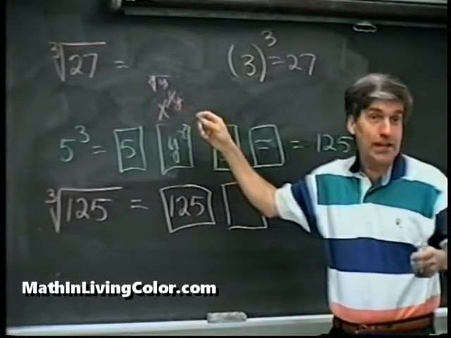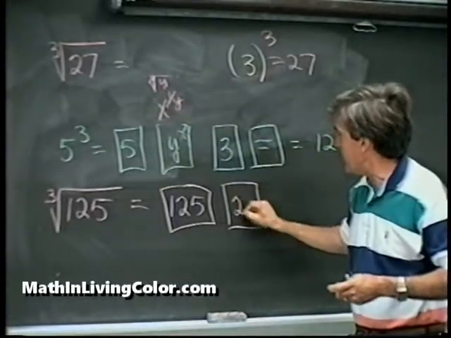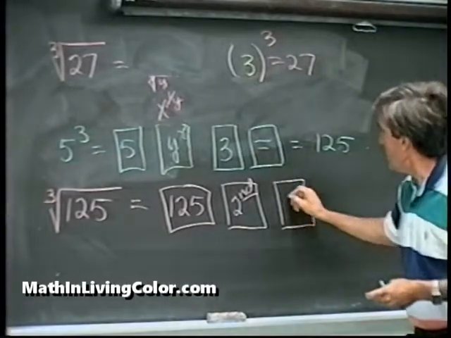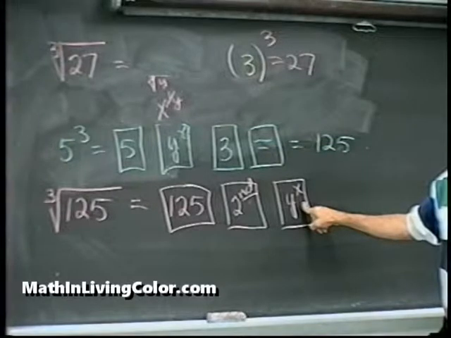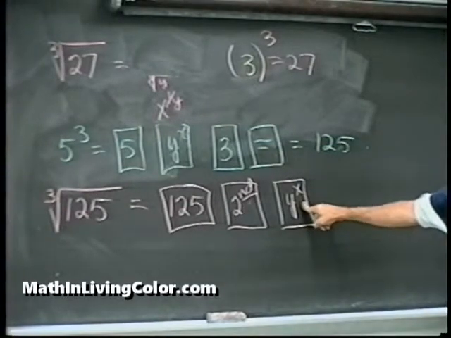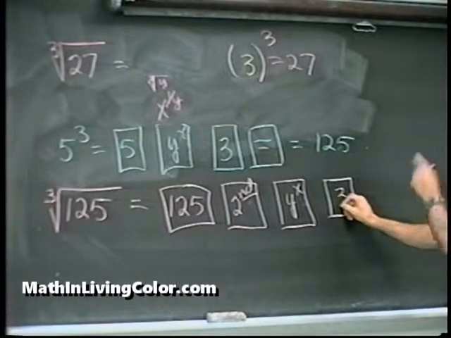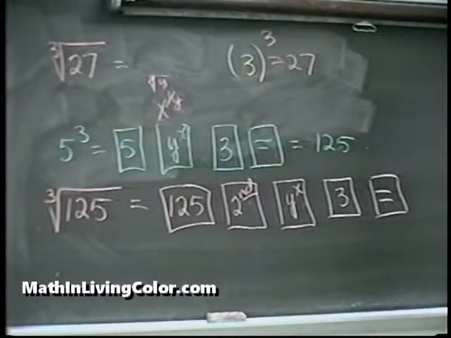So in order to access this function, you'll probably have to say second function, and then press the y to the x power button. And then you'll have to tell it what root. Give it the 3rd root. Like 3, tell it that it's a cube root now, and then equals. Okay? Did that work? Let me stop and look at some calculators here and see what we've got.